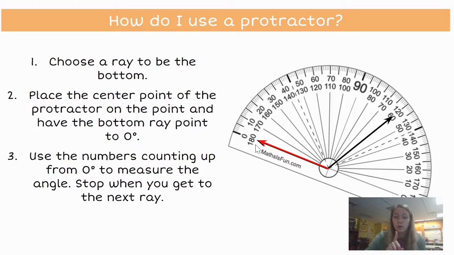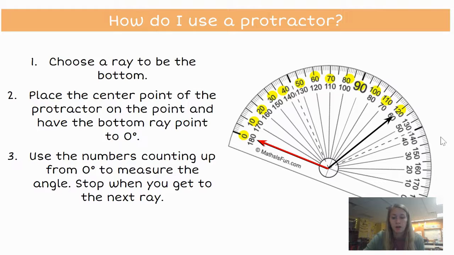So remember, always the rule is we count up from 0. We can't count up from 180. So counting up from 0: 0, 10, 20, 30, 40, 50, 60, 70, 80, 90, 100, 110, 120.